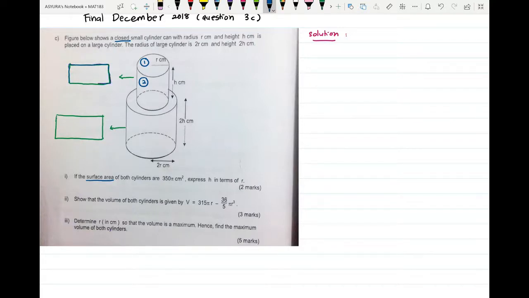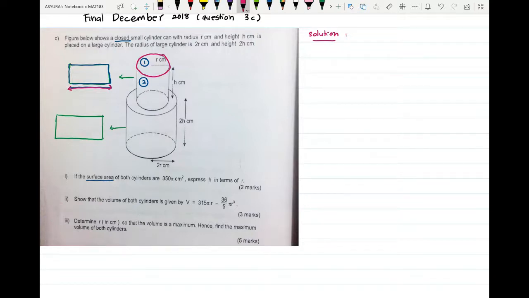If you open it, the length here will be the perimeter of a circle. So what is the formula of the perimeter of a circle? The perimeter of a circle will be 2 pi r.